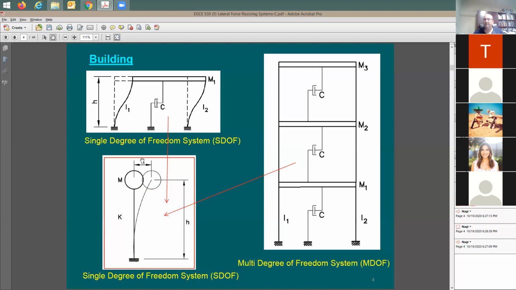If you like to do it in kip per inch, it's going to be the amount of force that you put here on the top so that when you push this structure, it moves 1 inch only. If you like to do it in kip per foot, it's going to be the amount of force that you put in here to push this mass for a foot. Meaning the stiffness, K, gives the force needed to push this mass or the structure for a unit displacement.